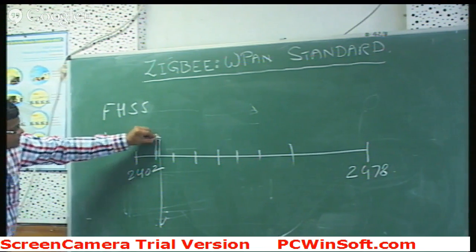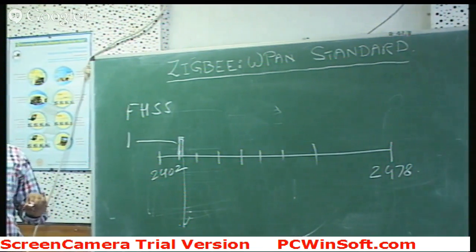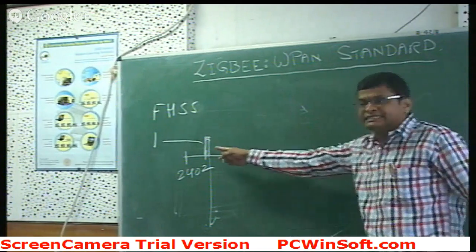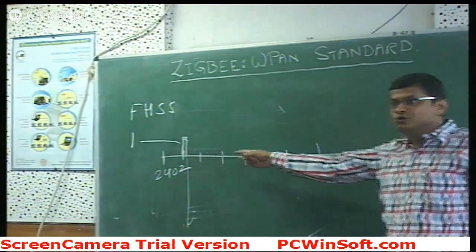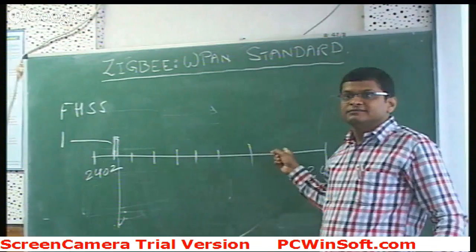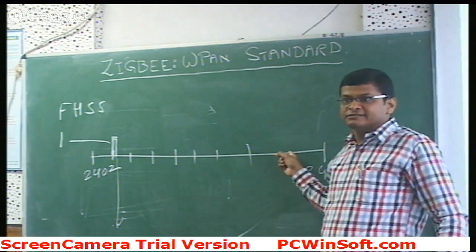Now, to reduce these effects, instead of sending the data over a single channel, I randomly use all the 80 channels.